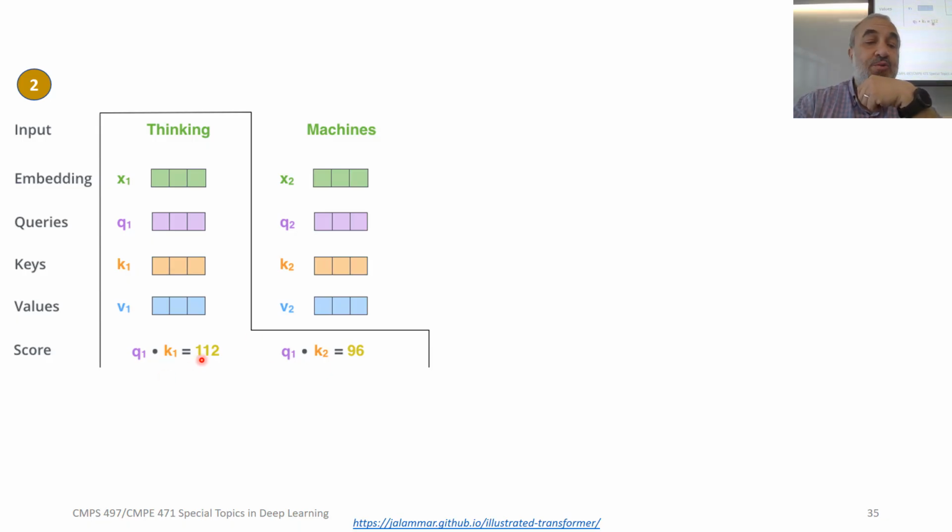The relation between X1 and itself is higher than the relation between X1 and X2. So we expect that the attention weight for X1 will be higher than X2. Not always, though. We saw an example where it is attending to another word than itself. So it can happen.